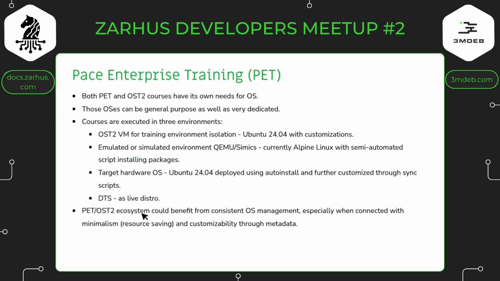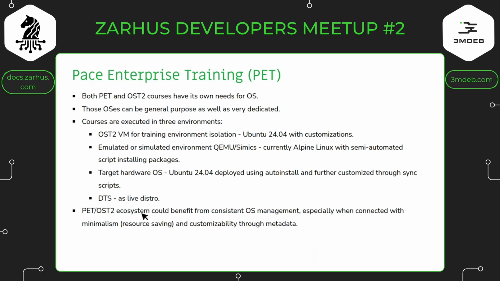We're doing that with automation, but the question is if this is the best solution. Then we have an emulated environment, running in this VM, which right now is based on Alpine Linux and running in QEMU. So this is another operating system which we're using. Then on target hardware, in our case the Hardkernel Odroid H4, it's Ubuntu, also customized for that.